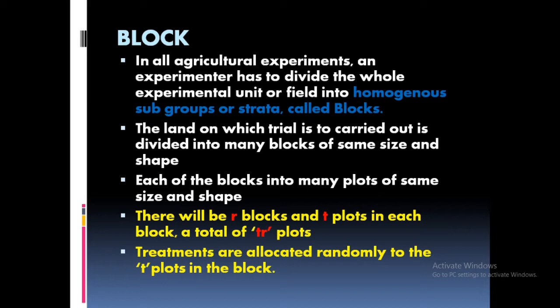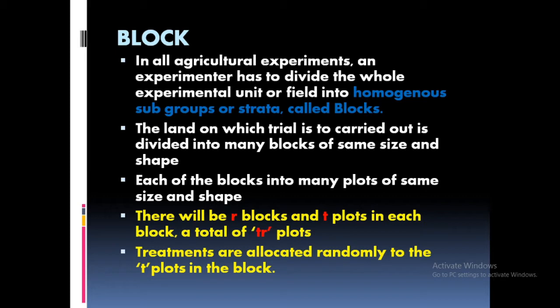So you have to divide this full plot into such homogeneous blocks, then conduct the experiment. That unit is known as what? Block. Then only you will get a good result.